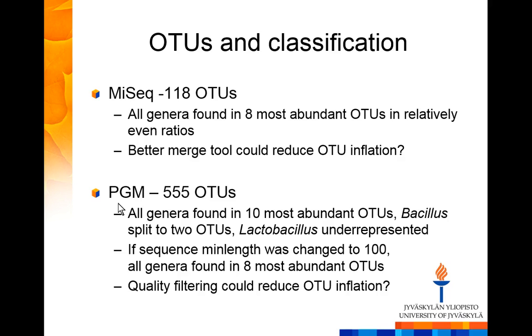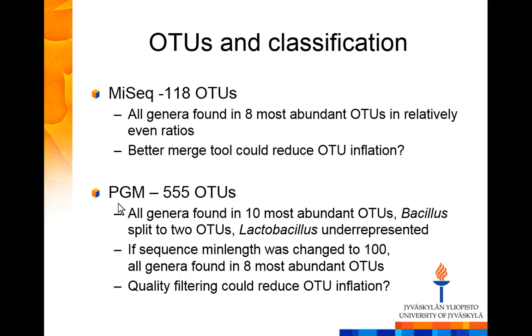One of the reasons was that apparently some of the Lactobacillus sequences were terminated prematurely. If the sequence minimum length at the very beginning of the sequence processing pipeline was changed from 200 to 100, then I got what I wanted.